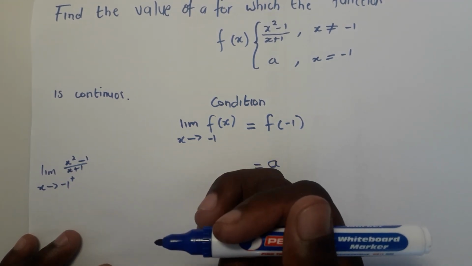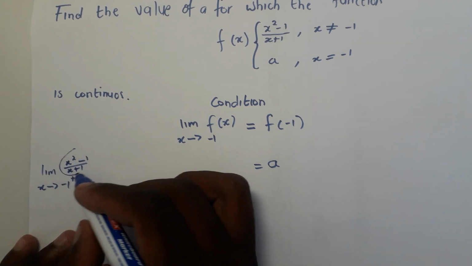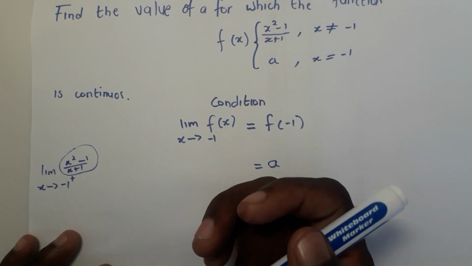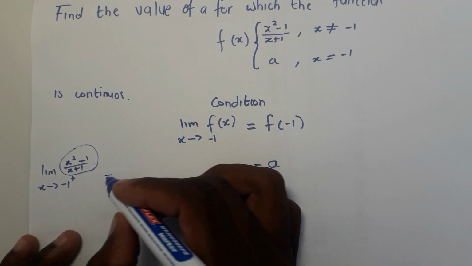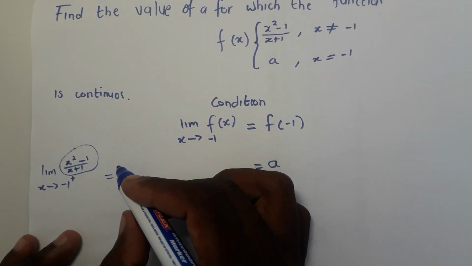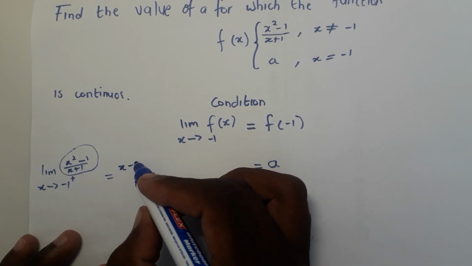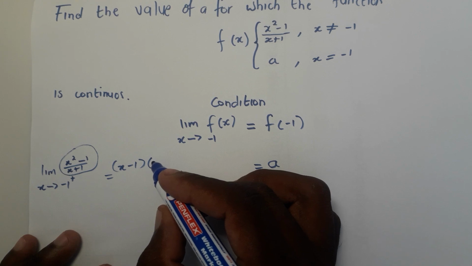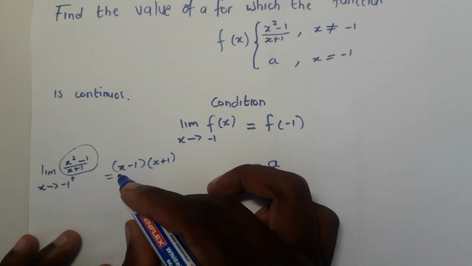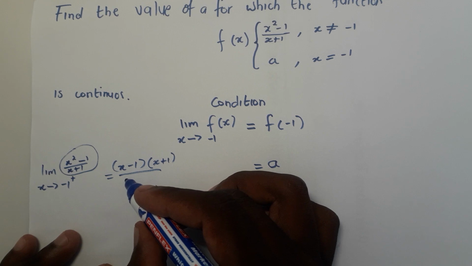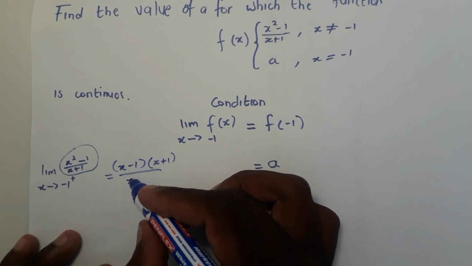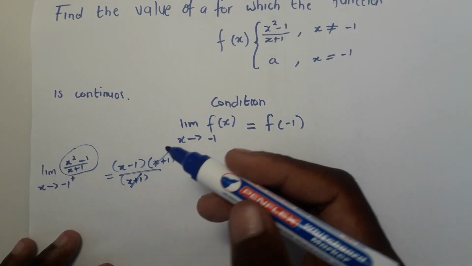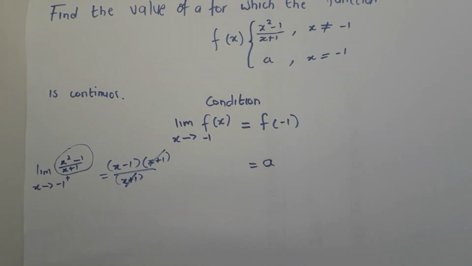This seems harder because if you substitute -1 here, it will be undefined, but we can write it in a simple way. Remember, x squared minus 1 is a difference of two squares, so it is (x minus 1)(x plus 1) over (x plus 1). Then we can clearly see that these will cancel.